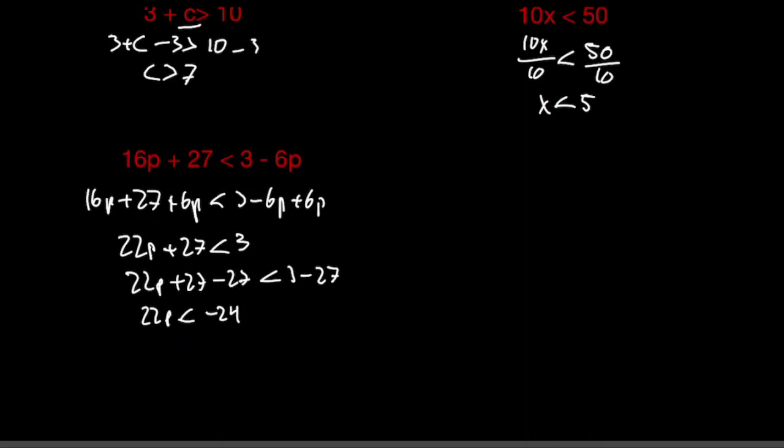Now we have the expression 22p is less than negative 24. I'm going to divide by 22 on each side, so we get p is less than negative 24 over 22. But remember, we can simplify this, so we divide the numerator and denominator by 2, and we get p is less than negative 12 over 11.